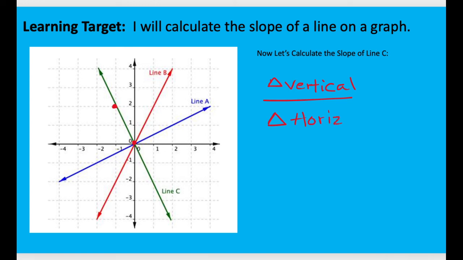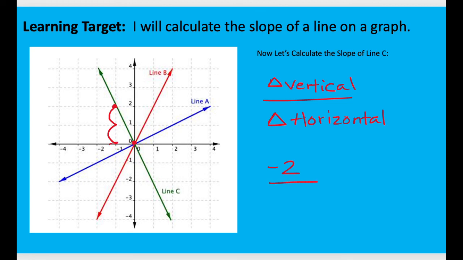When I'm calculating the slope of this green line, I'm going to start with vertical change. This time, if I start at this point and go to this point, I'm going to count down 2 units. Because I'm counting down instead of up, the numerator of the slope is -2.